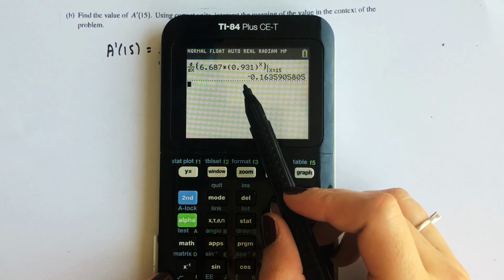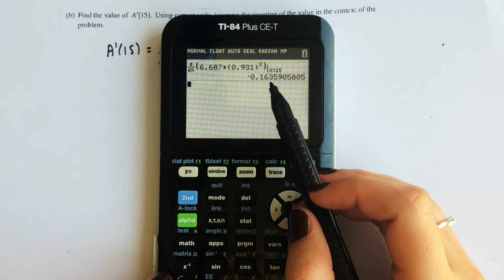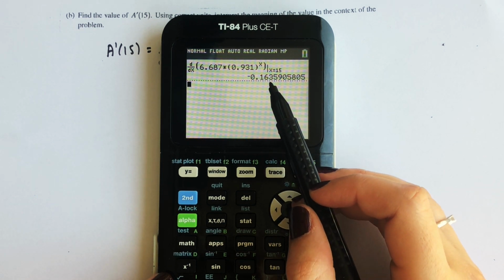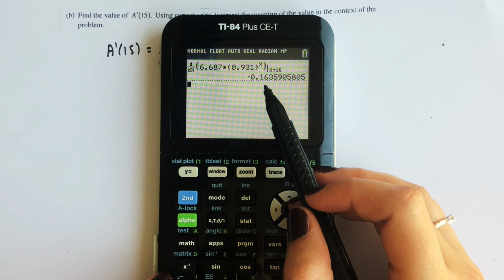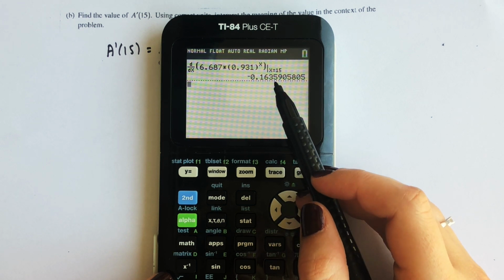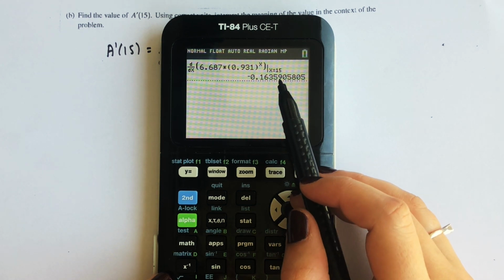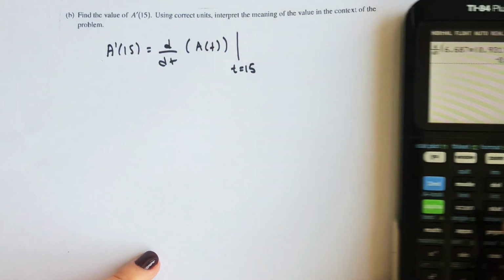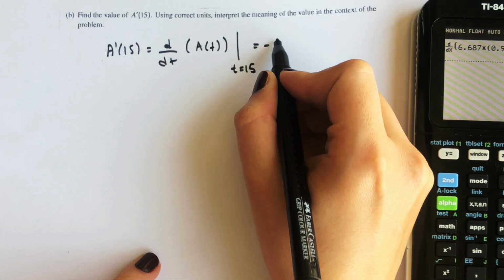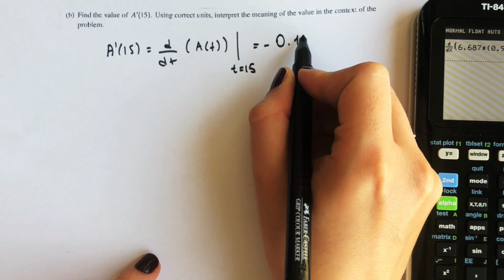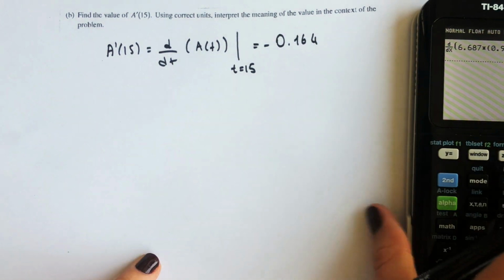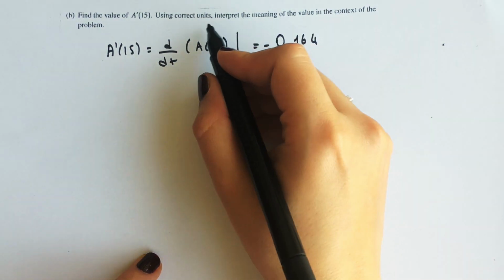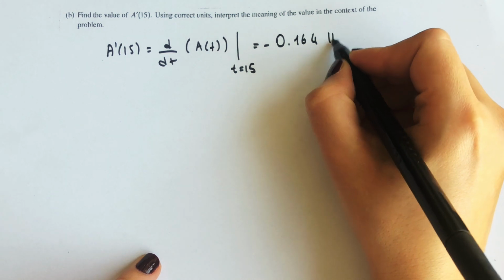The result is minus 0.1635. We are going to use 3 significant figures. After 3 we have 5, which means that we can round off. If we round off, the result is minus 0.164. And please write the correct unit, pounds per day.